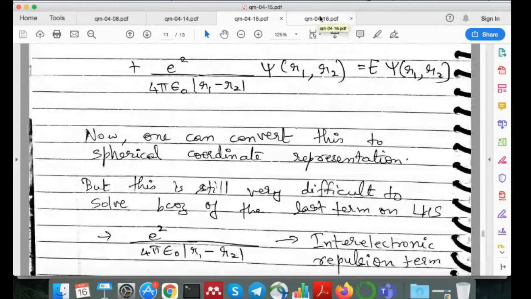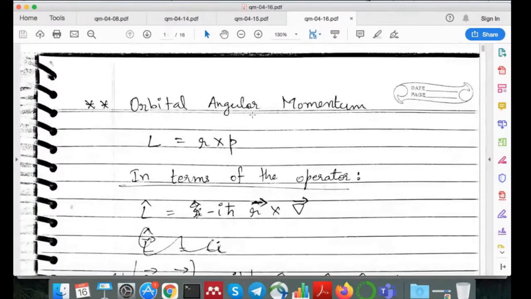So now let's see the last part of this course. We are right at the fag end of this course. Today we are going to look at orbital angular momentum and spin. Orbital angular momentum is basically the angular momentum which is happening around a certain object or a certain axis.